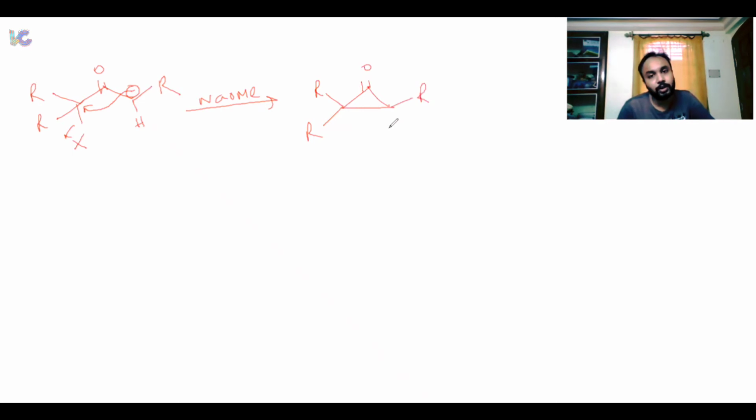Now if we treat it with OMe minus, there are two possibilities.